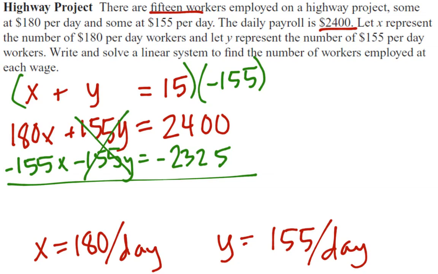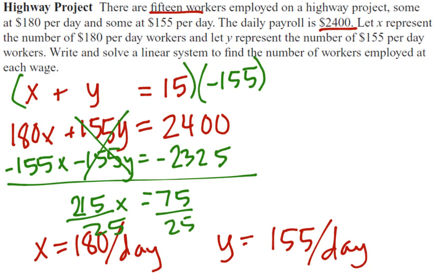This is gone. And we think we get 75 left over on the right side and 15 on the left. Whoops, that's 25. So then divide both sides by 25, and we get x equals 3. So there are 3 of these expensive guys, which means there must be 12 of these. So y equals 12. And that's how you solve those.